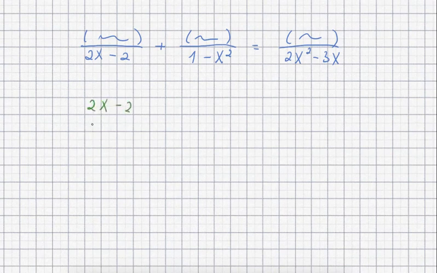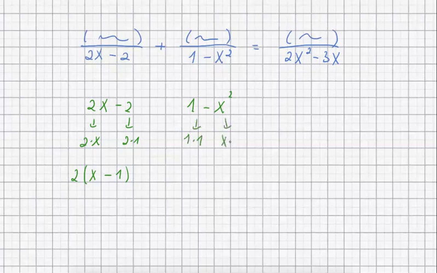So it'll look like 2, and then in parentheses, x minus 1. And then x is 1. Well, I guess 1 times 1. And then x times x.